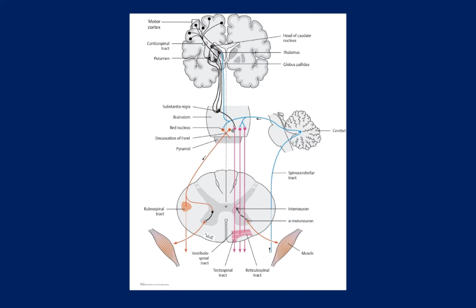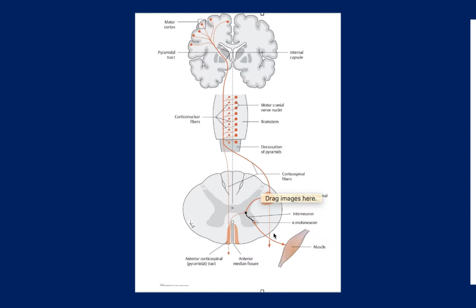But in addition, we notice this other tract here, which is the spinocerebellar tract. This tract sends it right down the spinal cord and actually carries information down to the muscles themselves, and it actually operates at a faster rate than the corticospinal tract, so it can have impact on the movement before it even occurs.